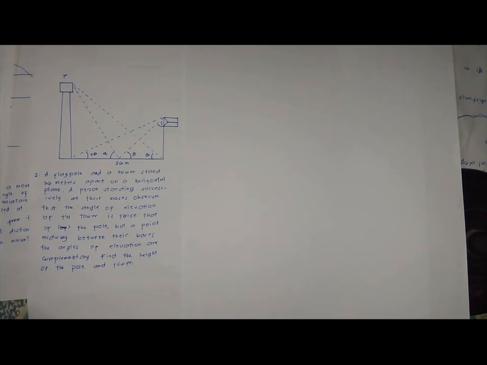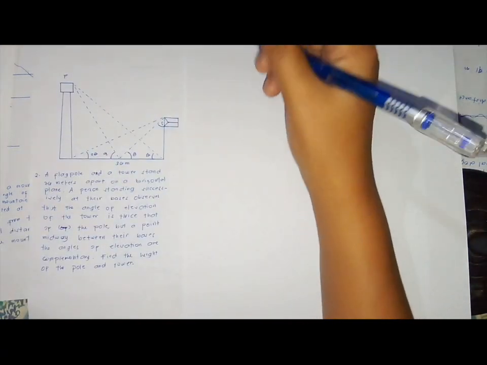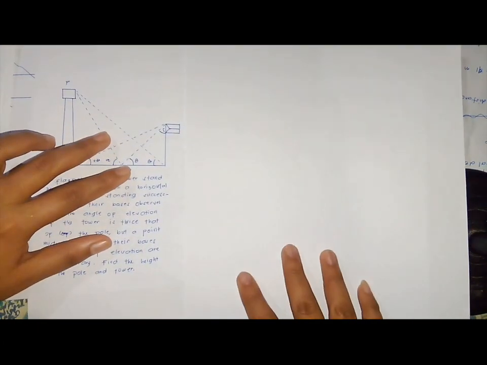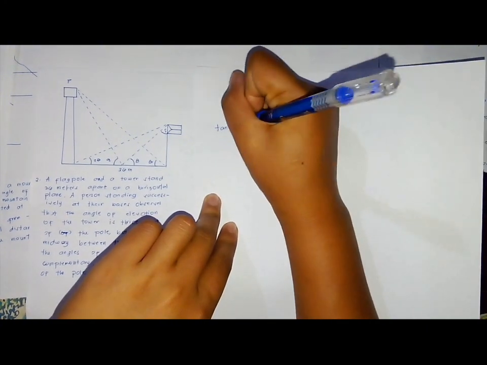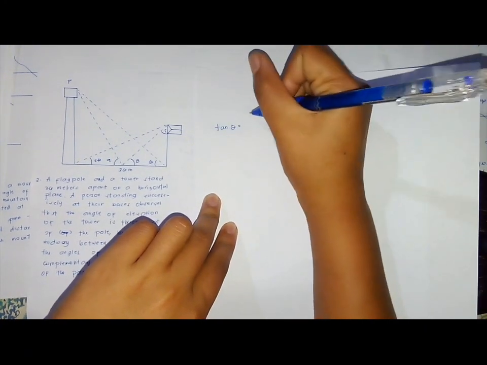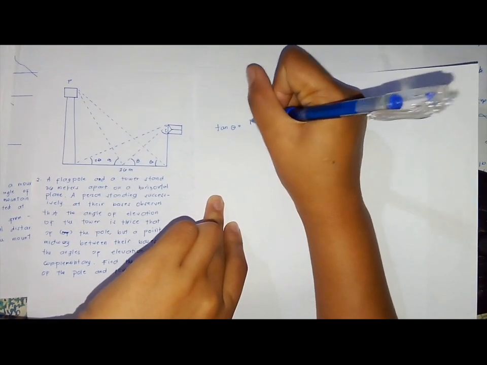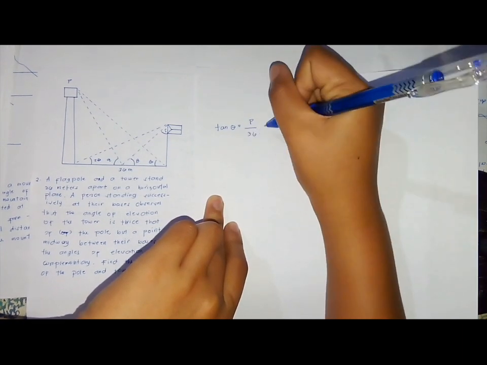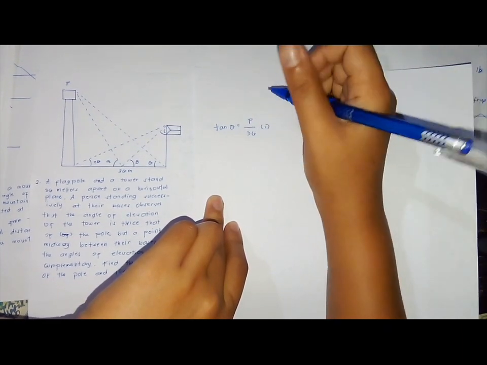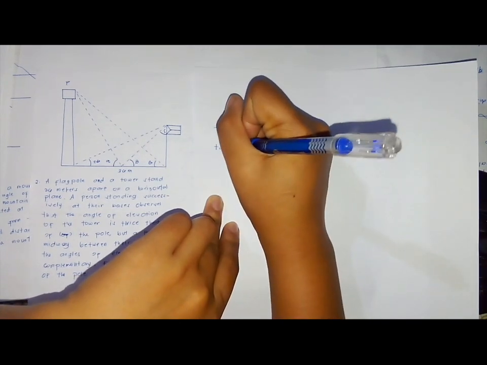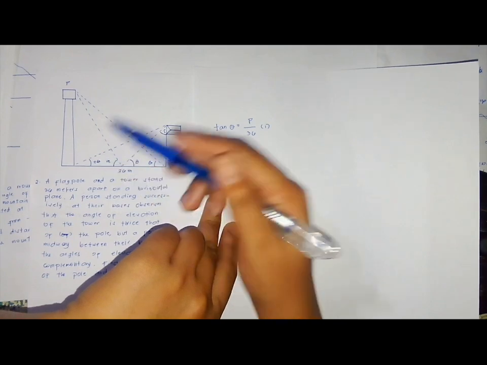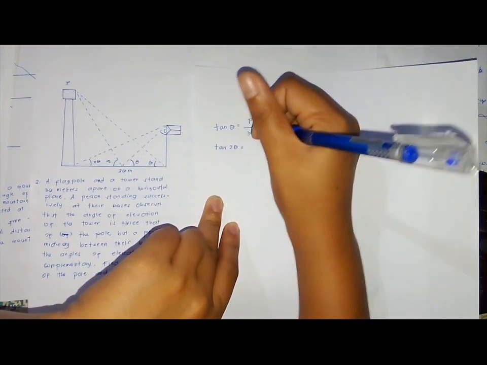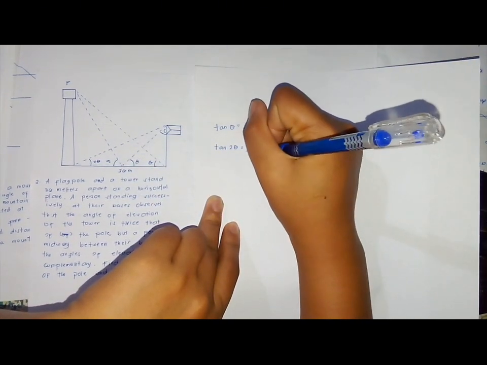So by solving this, we can use SOHCAHTOA. We have tangent theta is equal to P over 36. Tan 2 theta is T over 36.